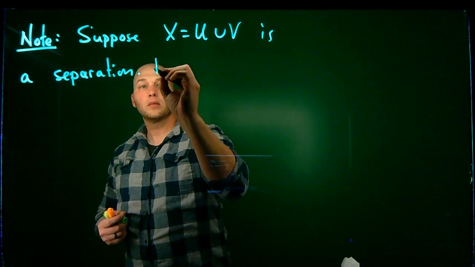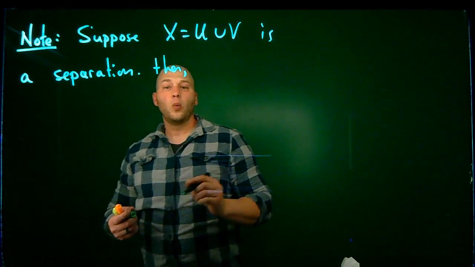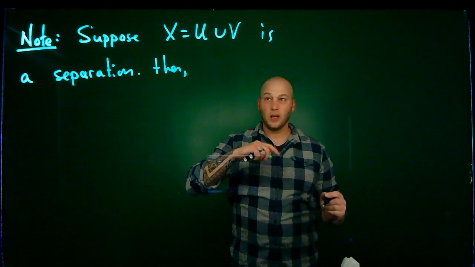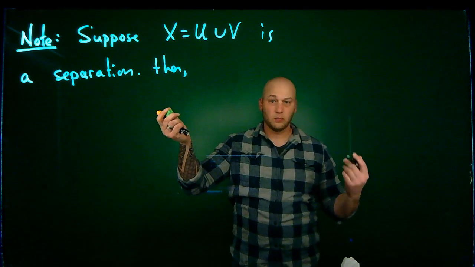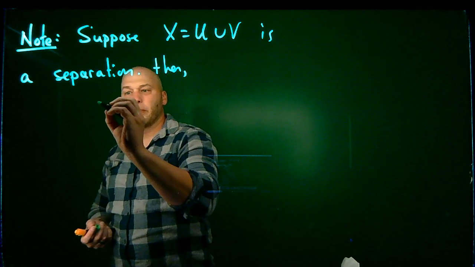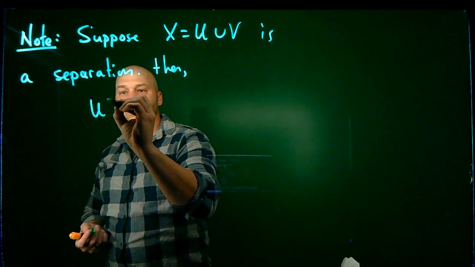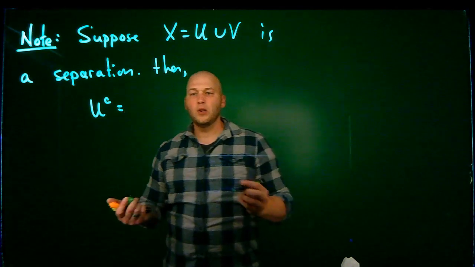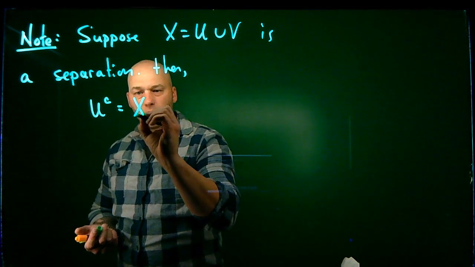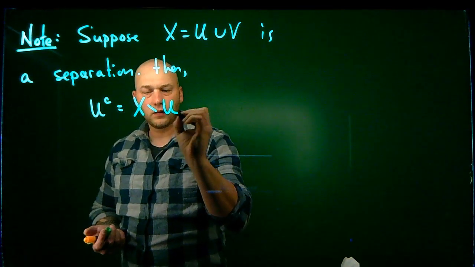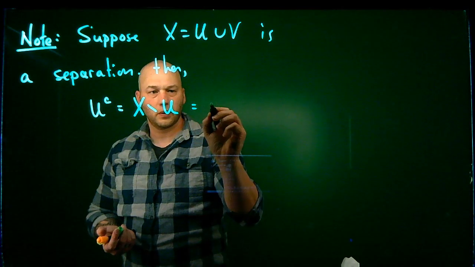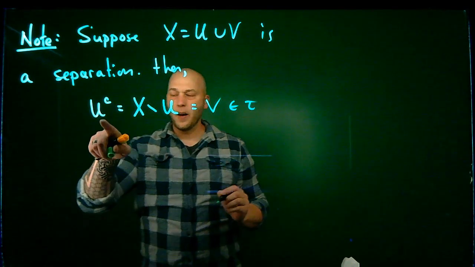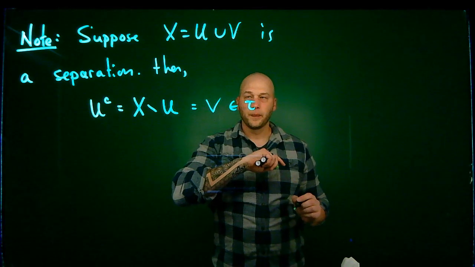Then, well, we know in particular that U is open and U and V are disjoint, and U union V is all of X. Okay? Well, what do we know about the complement of U? Well, the complement of U means it's everything that's in X, but not an element of U. But that's V. And therefore, we know that the complement of U is also open.